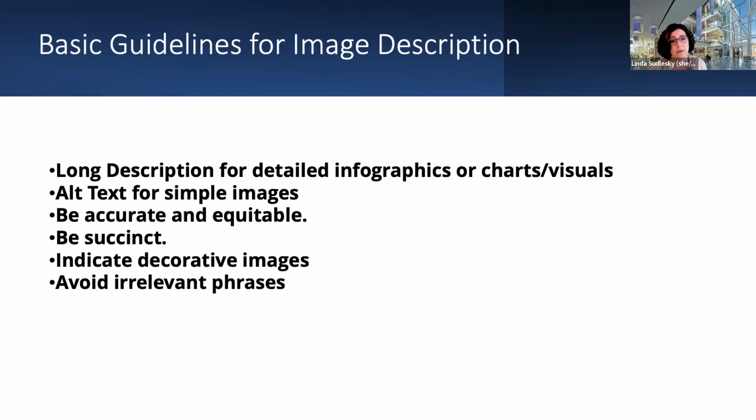Avoid irrelevant phrases such as picture of or image of, because the screen reader will say image of and then give your description. You don't want the screen reader to have to say image of. It's redundant information that you don't need to include, just start describing.